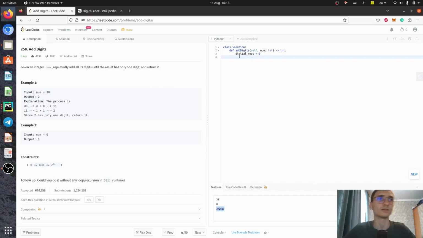We are dividing by 10, and it helps us to chop our last digit, and taking the remainder when dividing by 10 is going to provide us the last digit. So we need two operations, floor division, and the second one is modular operation.